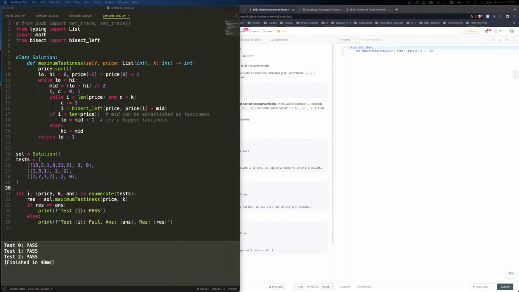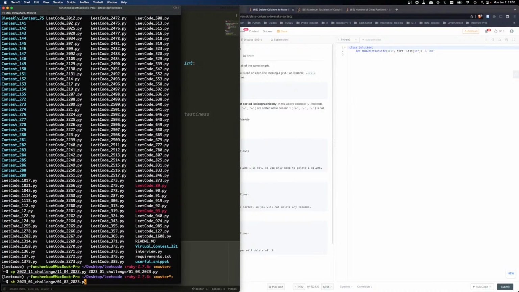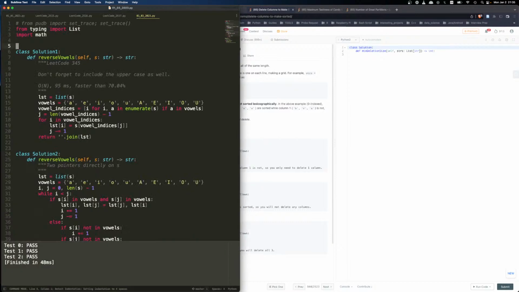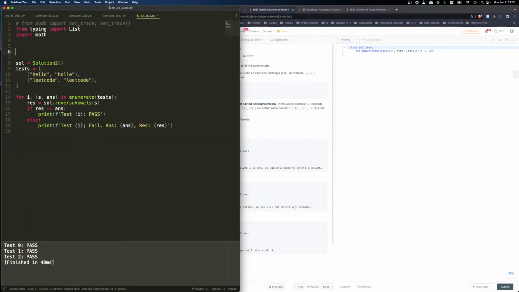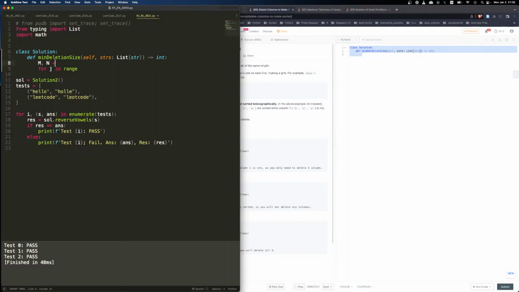So how would you do this? Well, there are many ways that I can do this, but the method I'm going to use is going to be like this. For j in range, actually we can do this. m, n equals len(strs), and len(strs[0]).